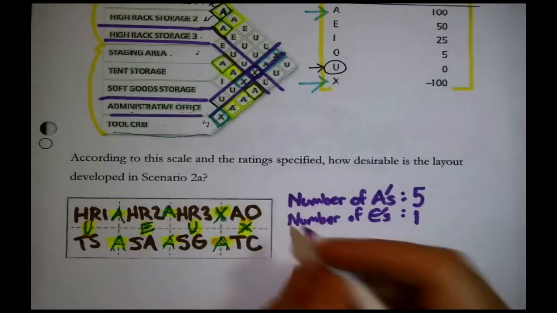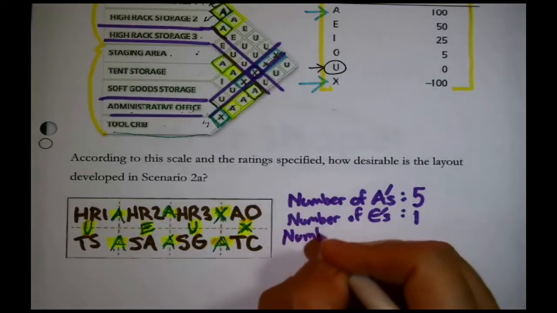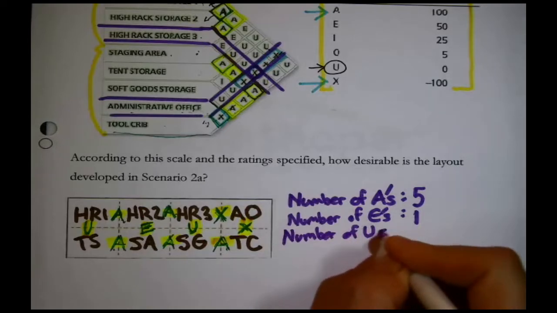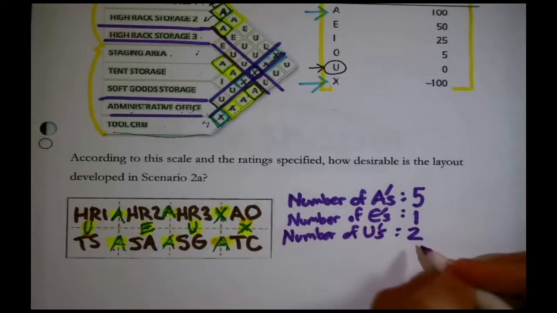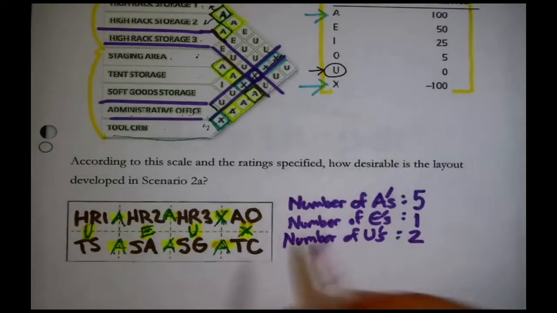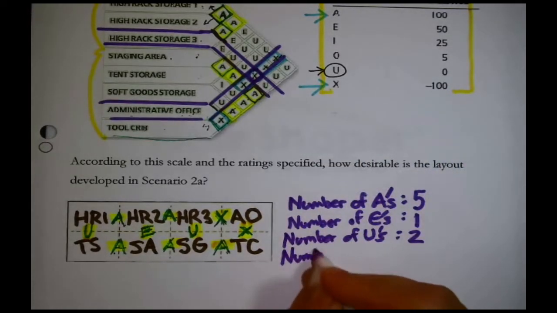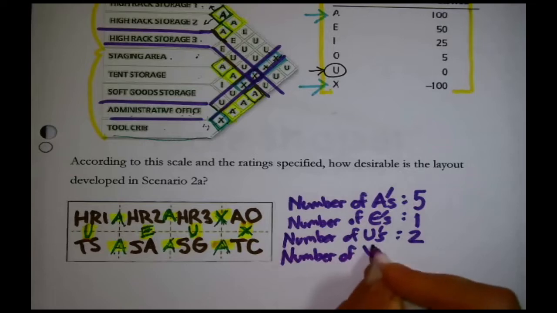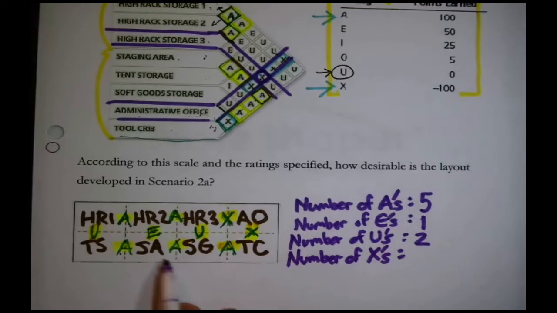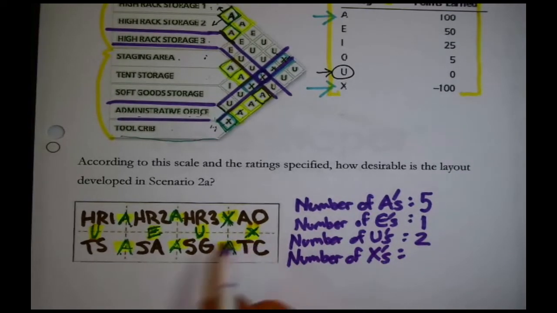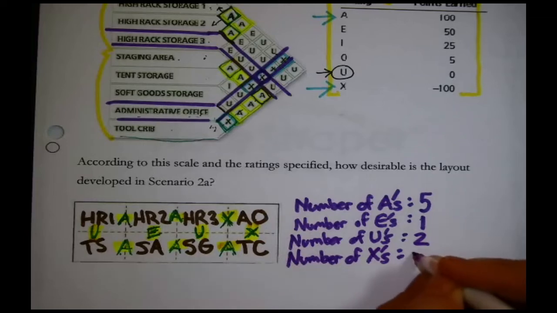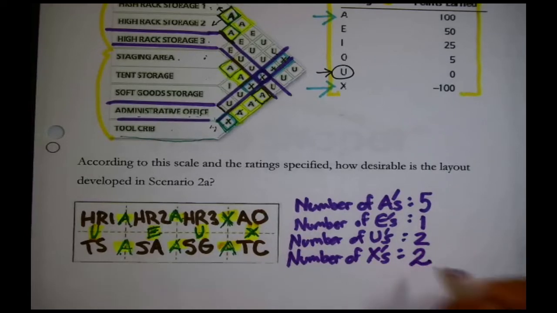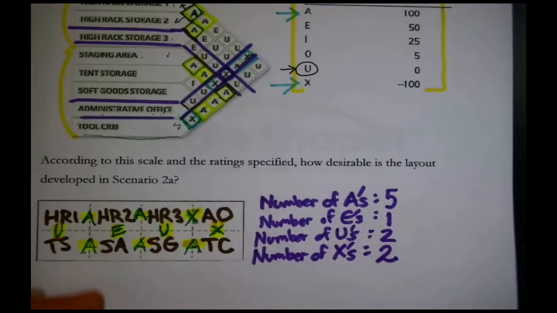U, however, number of U's: there are 2 of them. And then unfortunately, number of X's. How many F's did we earn on our report card, so to speak, because it's the worst, but it's X. 1, 2, just the 2, the antisocial administrative office there, right? 2. Okay.